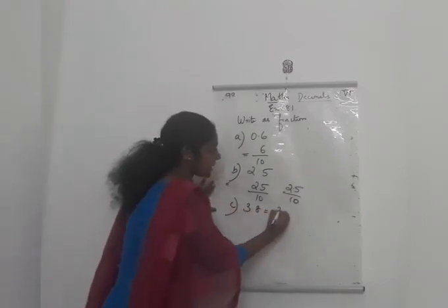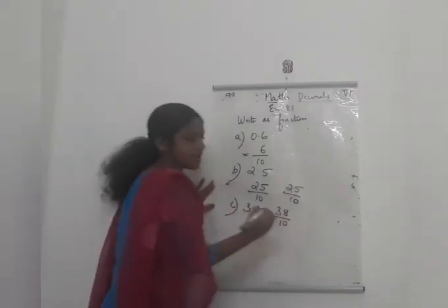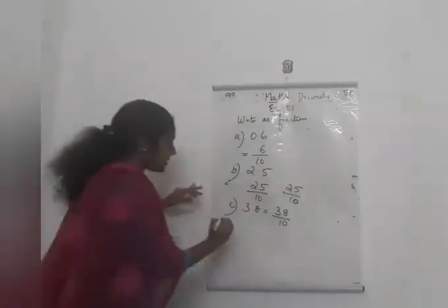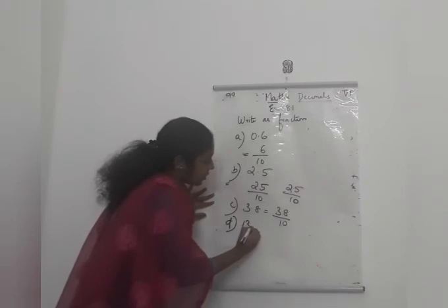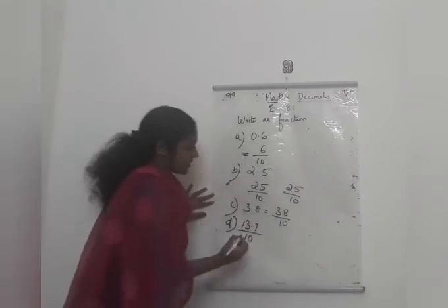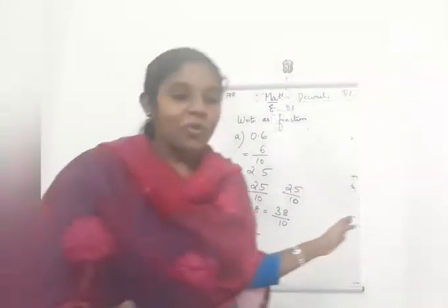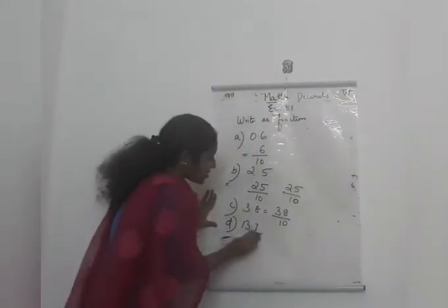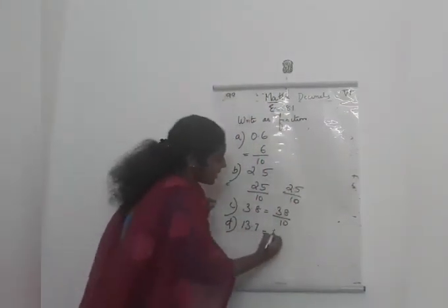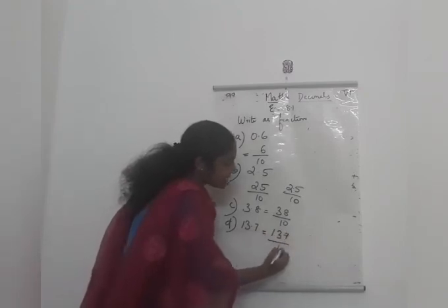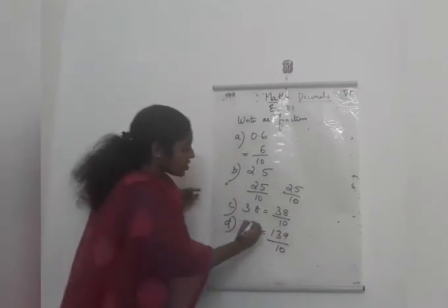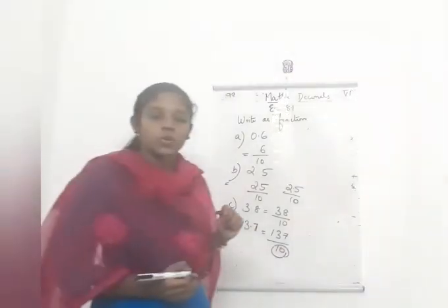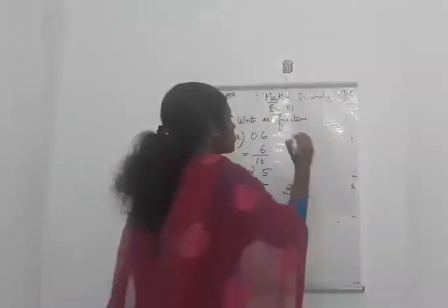Next question, 3.8. It is 38 by 10. Okay, next question, 13.7. How will you convert it into fraction? 13.7 is 137 by 10. പോയിന്റിന് ശേഷം ഒരൊറ്റ പ്ലേസിൽ വരുന്നതുകൊണ്ട് എന്തൊക്കെ വന്നാലും ഫ്രാക്ഷനിൽ 10 വരത്തുള്ളൂ. ഓക്കെ, 21.2.